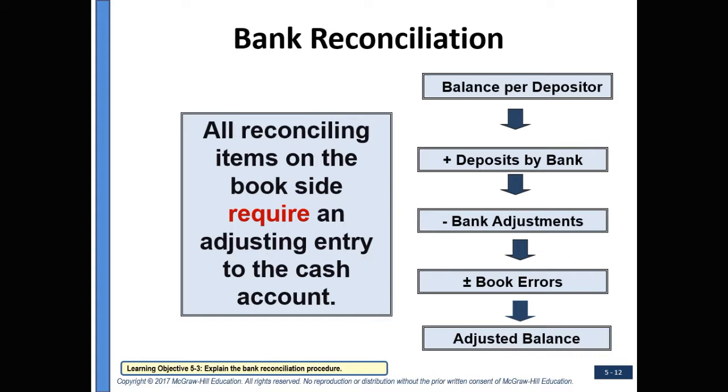So deposits by the bank where they've received amounts and you don't have them in your books are an increase to the cash account. You need to enter them into your books. Service charges you may have incurred are a decrease to your cash account. So you also need to enter those into your books.